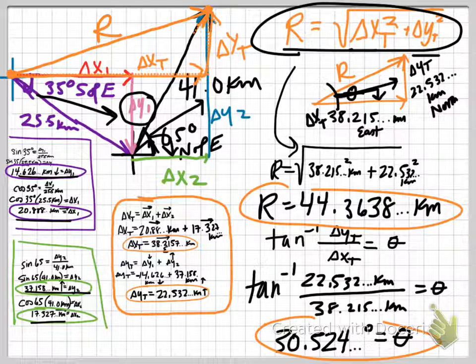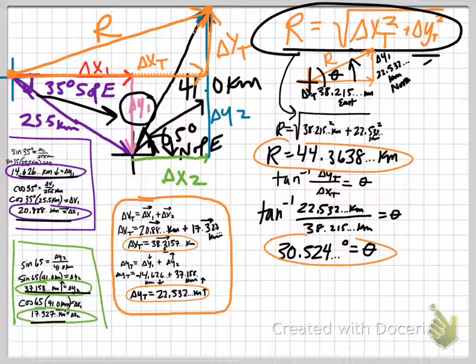So I have the degrees. If I come back to this triangle that I drew myself here, and I look at putting a compass rose at the base there, this would be what of what? North of east. So when I write my final answer for this whole bloody mess, how many sig figs do I have here? Two.